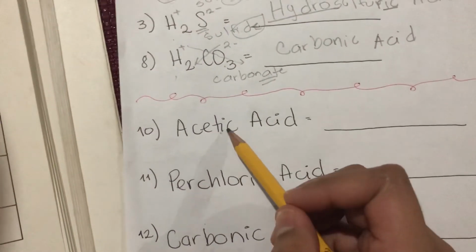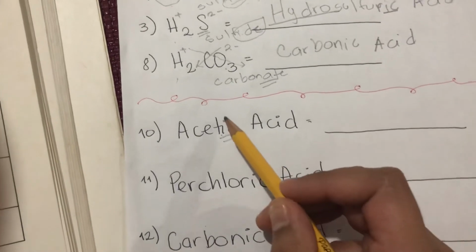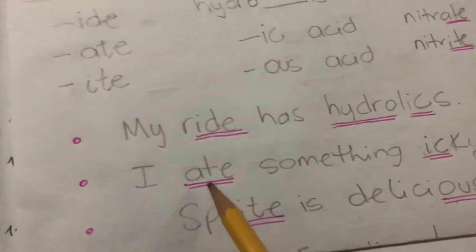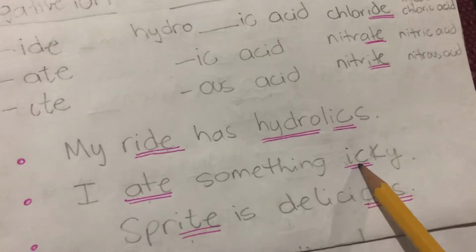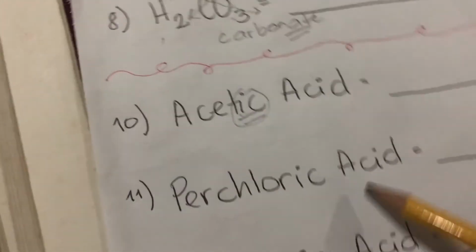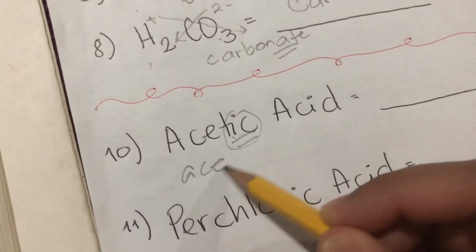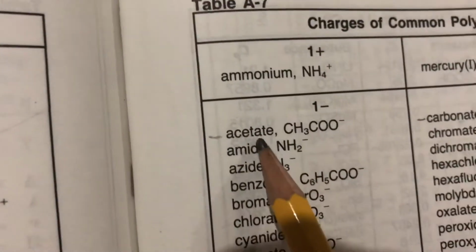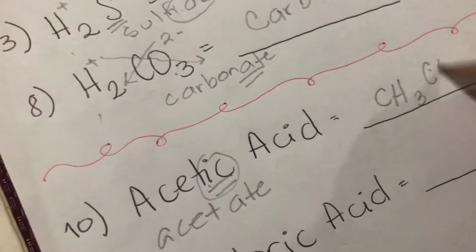So, if this is acetic acid, this ending is letting me know that at the beginning, it was ATE. IC means ATE. So acetic acid was acetate. And I go and search for acetate. Acetate is here. It's CH3COO.